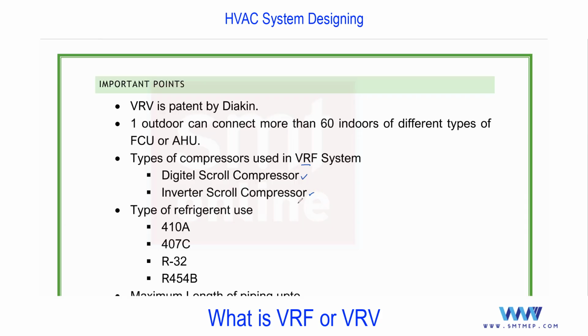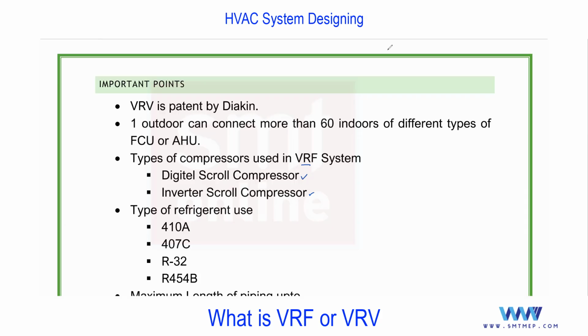So I'll try to give the idea of the VFD, variable frequency drive. The inverter scroll compressor is a scroll compressor, but it can run at different speeds as per the load demand. If the load reduces, the RPM of the scroll compressor decreases. If the load increases, the RPM increases because it is connected with the VFD drive. So how exactly VFD works, you'll find next.